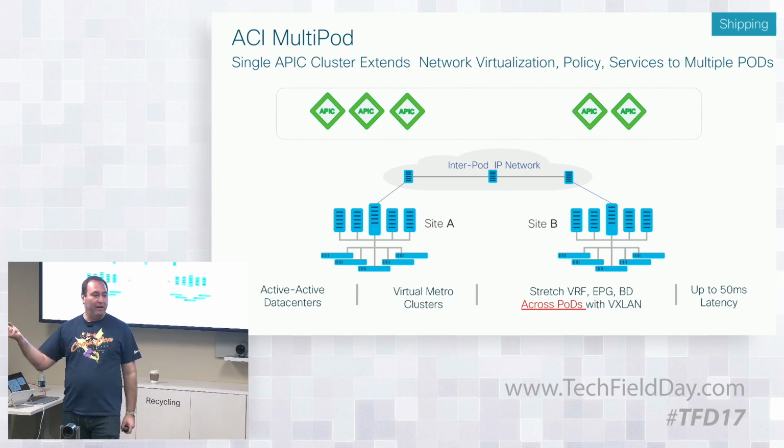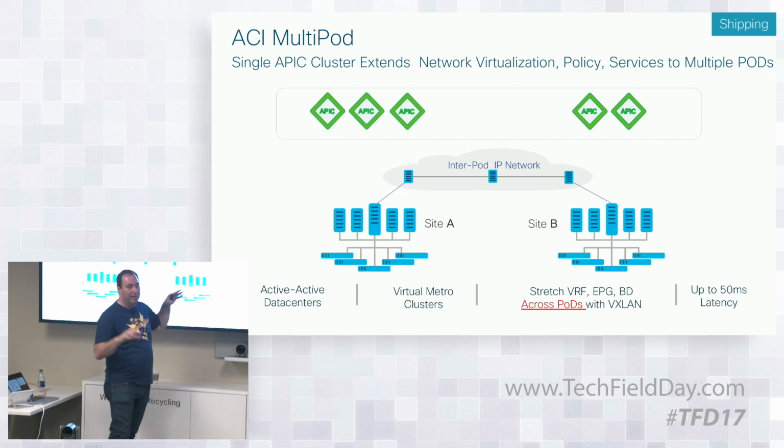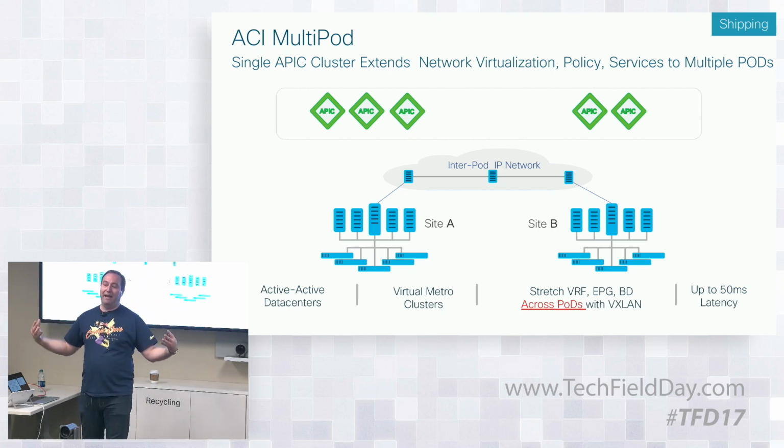So you apply policy in one place, it exists across all your sites. Or pods is really the word I should be using. So that's our multi-pod implementation. Single management plane, multiple control planes connected by an IP network.